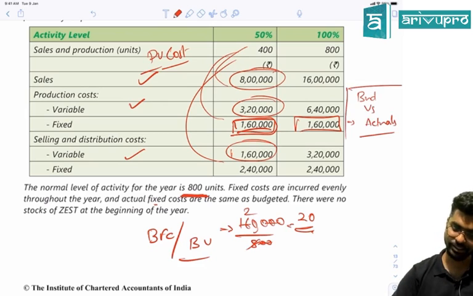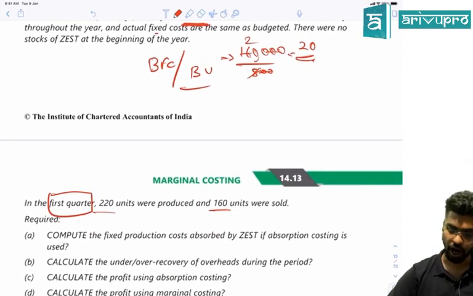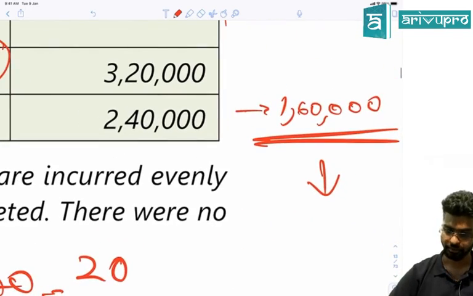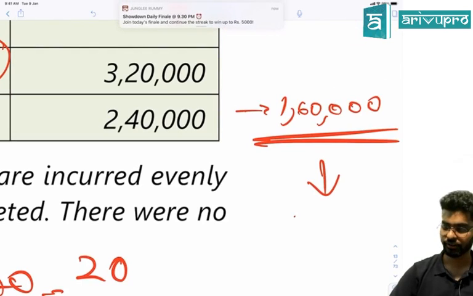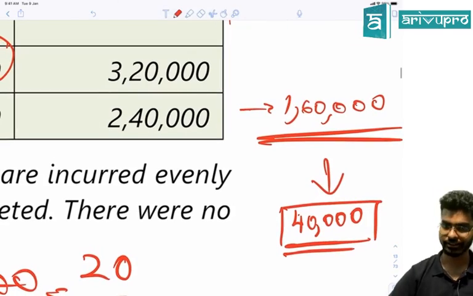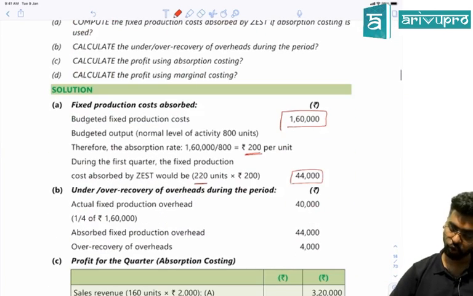Now, if budget is 1,60,000 for 1 year, they are talking of quarter. Per quarter, how much is it gonna be then? 40,000. Yes. Now, your fixed overheads is 200 per unit. Multiply by the number of units, 220, you are getting 44,000 as your overheads recovered.